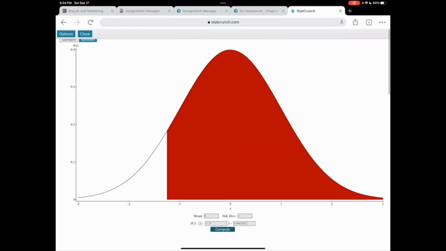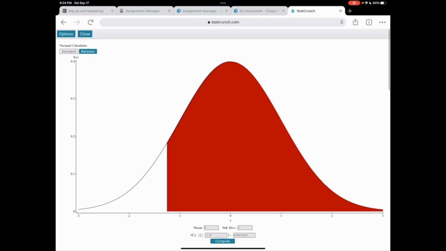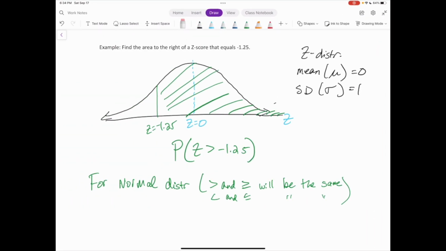and boom. You'll see first of all the StatCrunch gives us a picture of what we're trying to calculate, and then at the bottom to the right you can see that we get a value of 0.894.